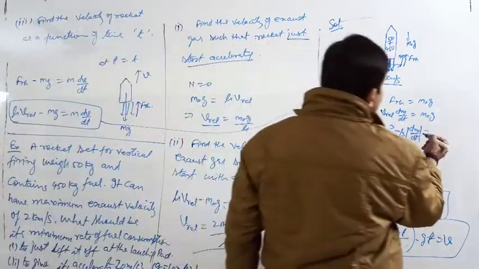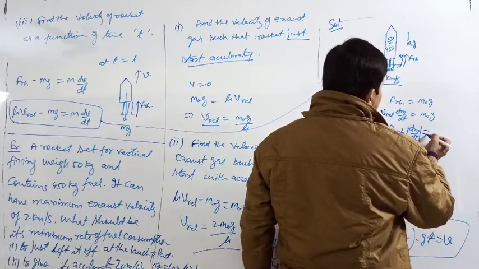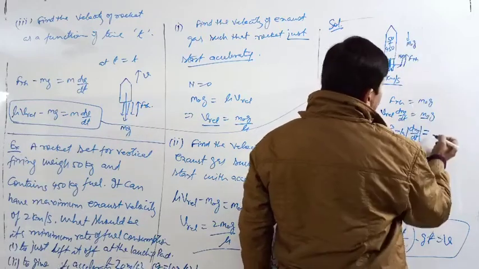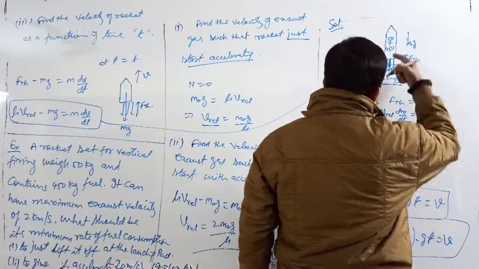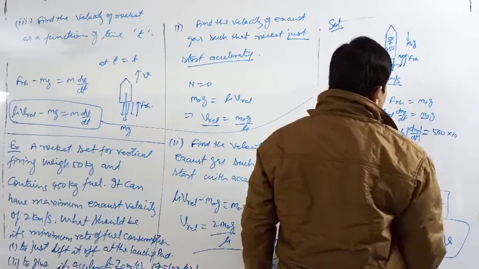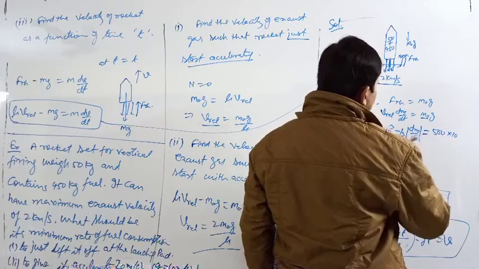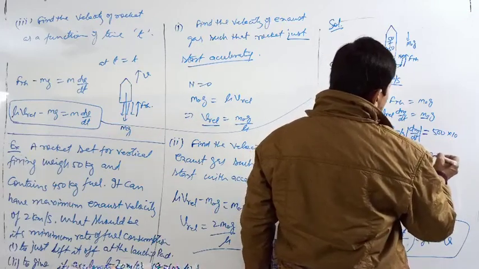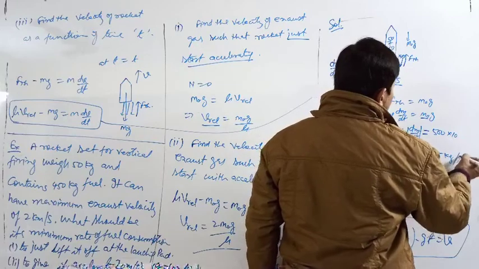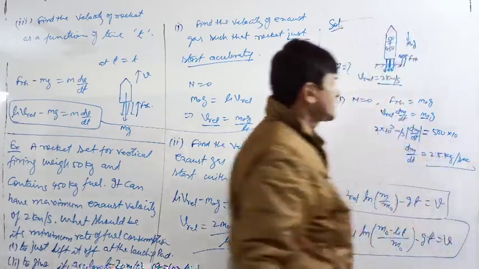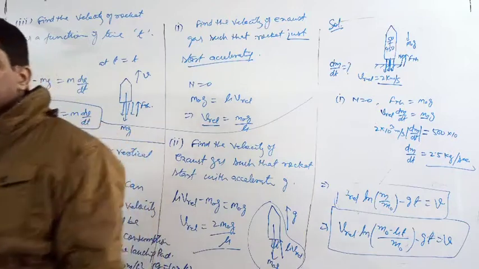M naught, the initial case, total mass will be 500, g value 10. So dm by dt will be 5 into 10 power 3 divided by 2 into 10 power 3, so this will be 2.5 kg per second. The answer of the first part, very simple.